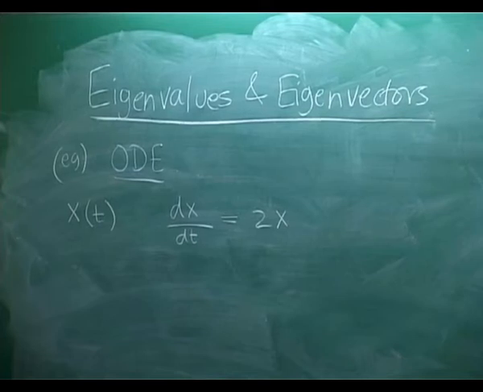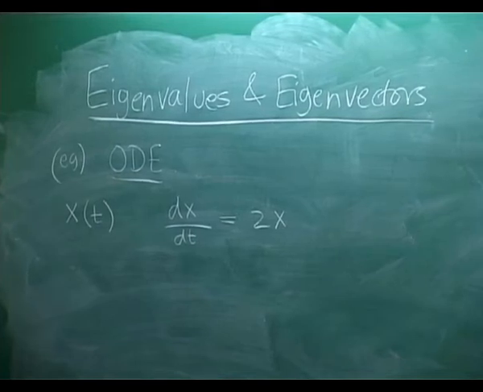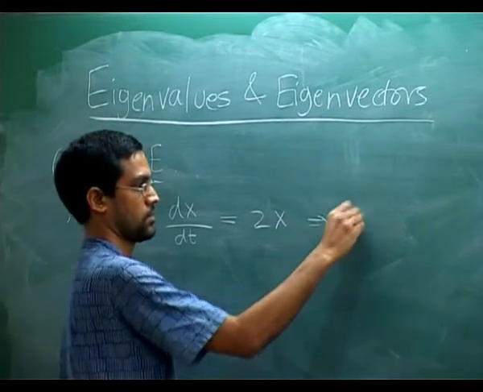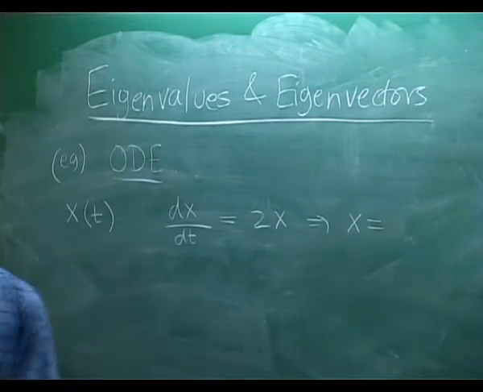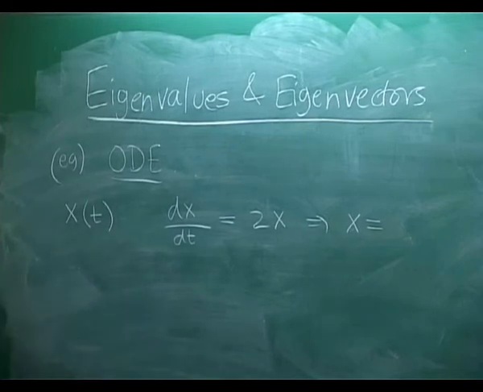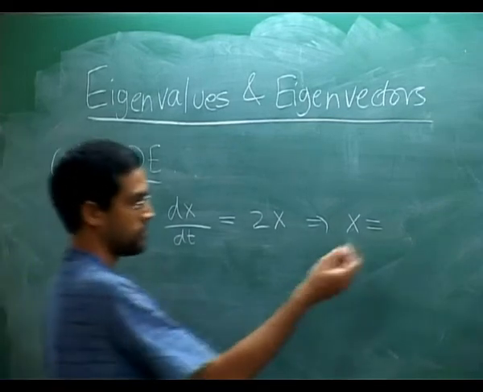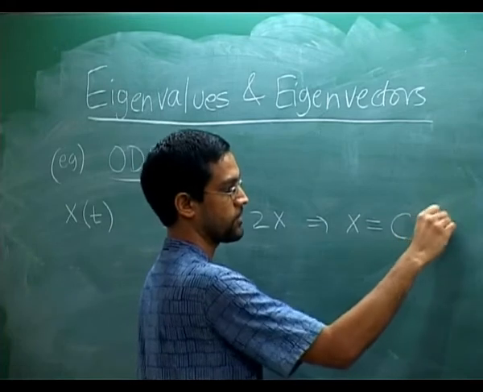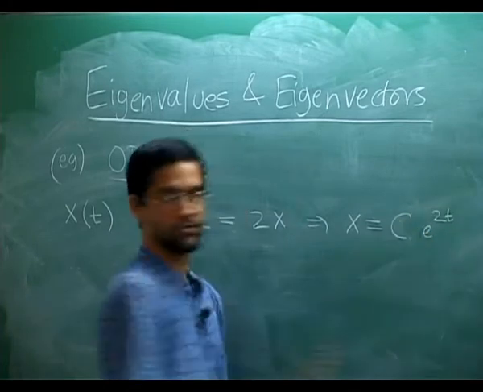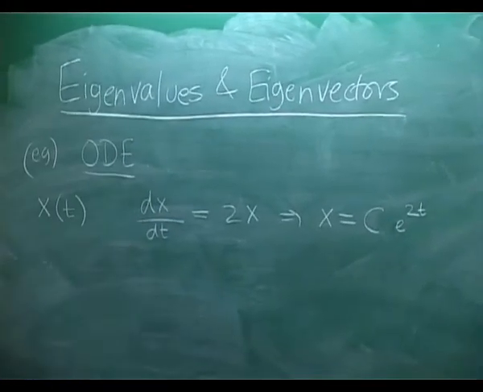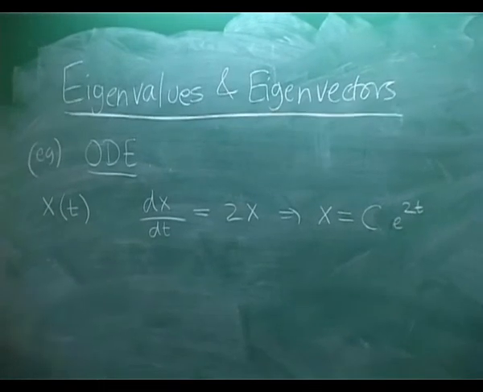A linear first order equation. Now, what is the solution to this? e to the 2t, right? Of course, times some possible constant in front, which you can determine from initial conditions. So that's the solution to this differential equation.